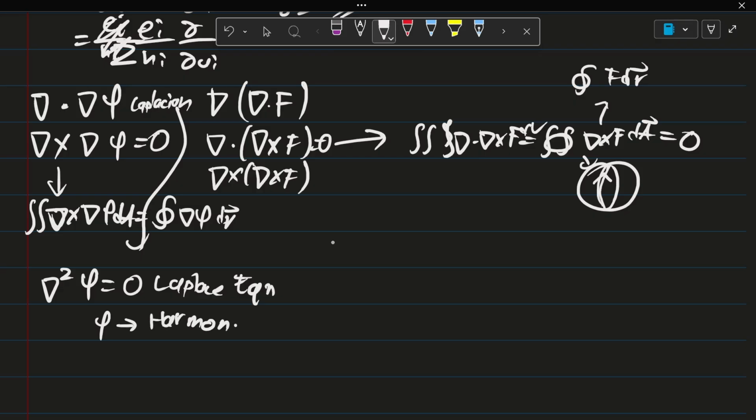Same thing that we discovered when we talked about analytic functions. It turns out that for an analytic function, the real part as well as the imaginary part must both be harmonic functions. So what about the other 2?